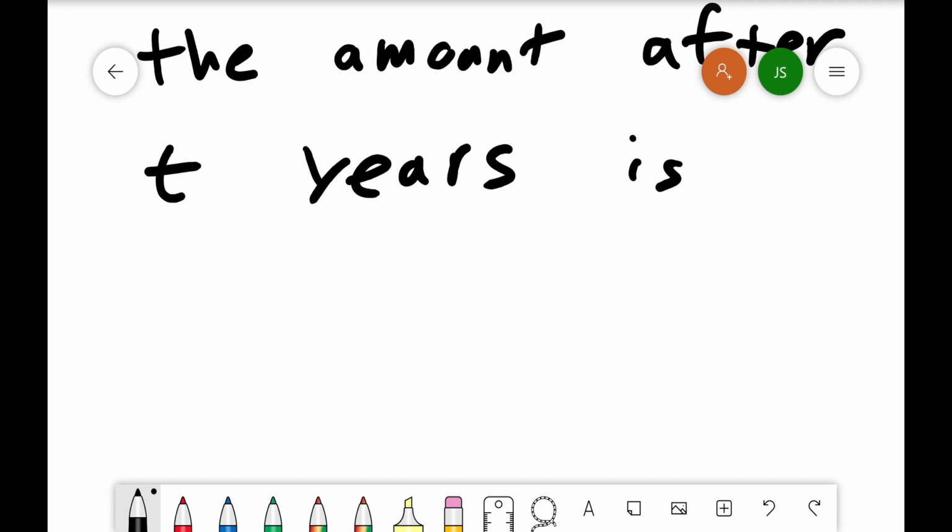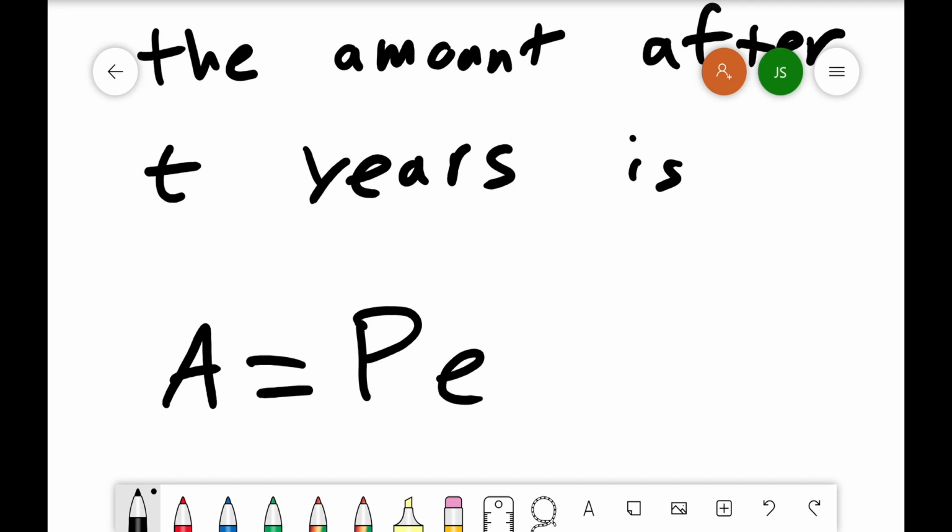So this is A for amount, and is the principal times that special number e. Remember, this is a number now. I'm never going to use e as a variable anymore because we'll reserve this picture for approximately 2.72. But it's P times e to the rt.